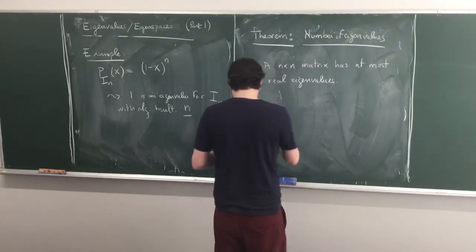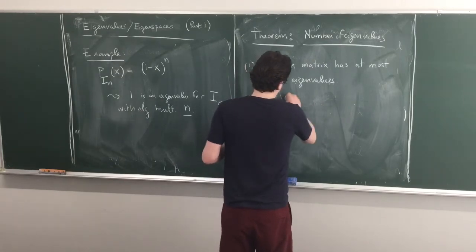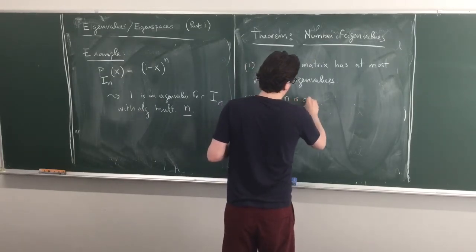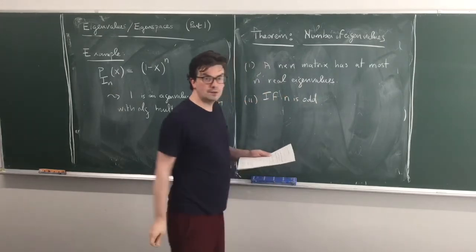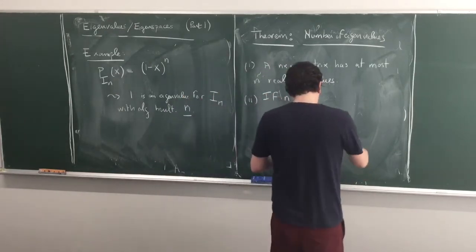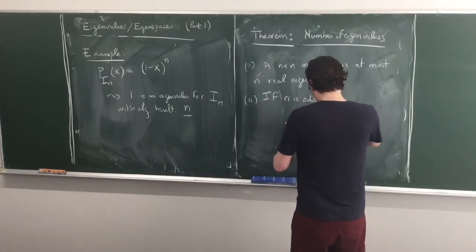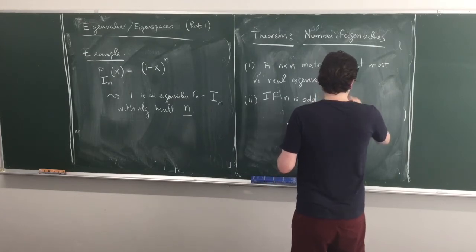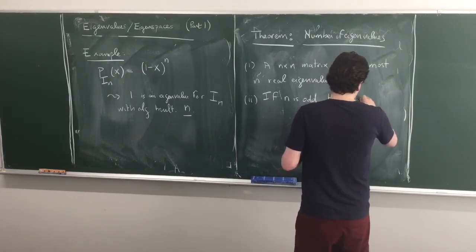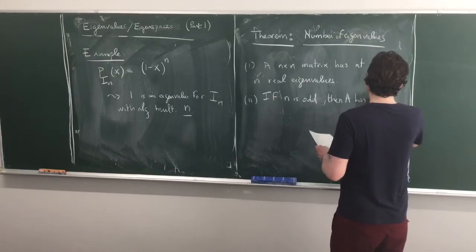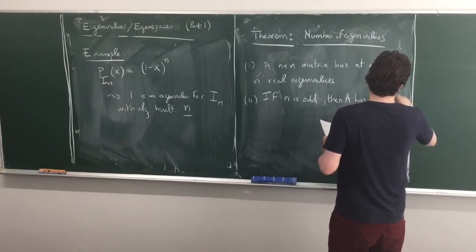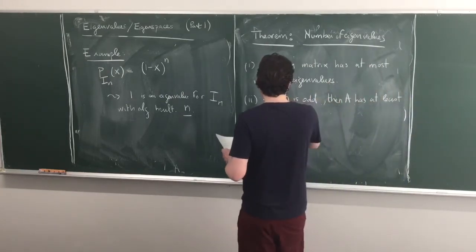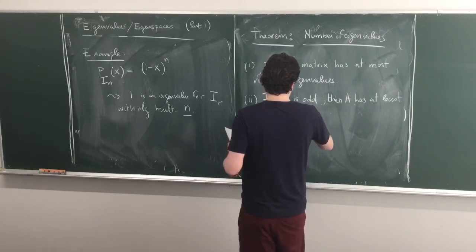Second fact is that if n is odd, meaning 1, 3, 5, etc., then A has at least one eigenvalue.